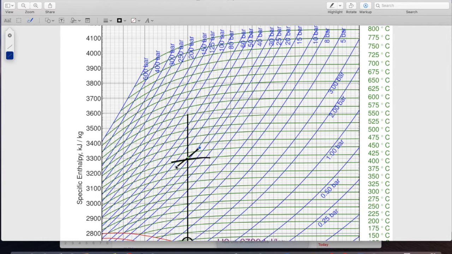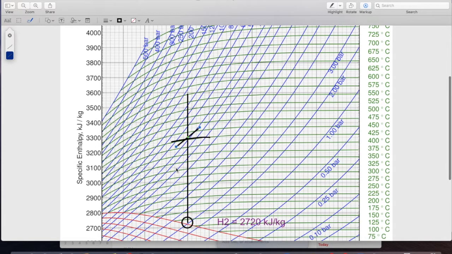About there. That's the absolute max that we can do. So we're going to take our design point to be somewhat lower than that. So we're going to put a circle right here, and we'll drop that down. Right there, that will be our steam inlet point.